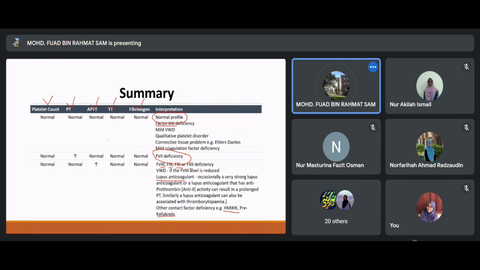Okay, this interpretation reflects back to which pathway the APTT involves.